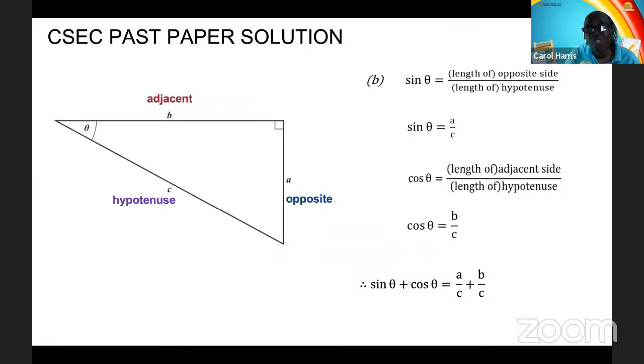Yes, miss. Which is what? C. And what do you do with fractions with the same denominator? You can just add the numerators. Very good. So I could just make this A plus B all divided by C. And you're done. You've just found your expression for sine theta plus cos theta. Are we clear?